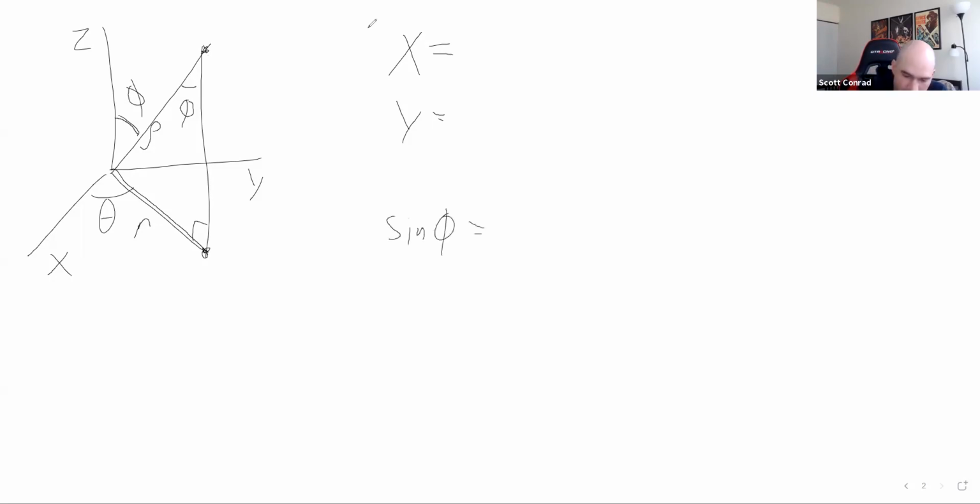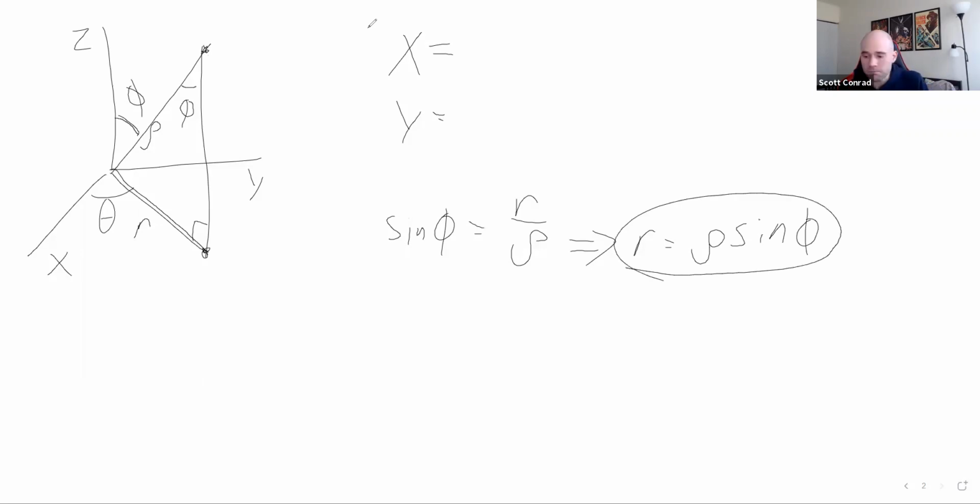So sine of phi is the opposite, which is r, over the hypotenuse, which is rho. So that means r is equal to rho sine phi. This is how I like to remember what x and y are, and as we'll see, z in spherical. So remember this bit: r is equal to rho sine phi.